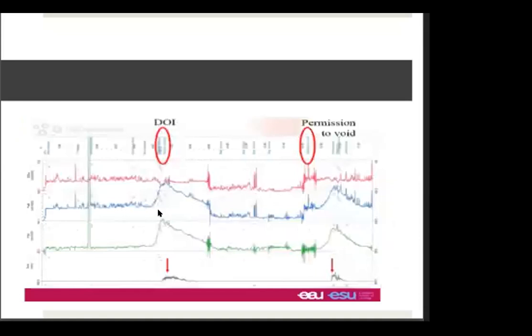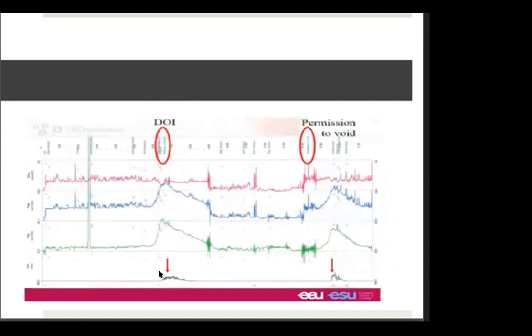So ayun, it is important na kailangan i-mark, i-label natin yung taas nung graph. For example, this one is an indication for detrusor overactivity with incontinence.